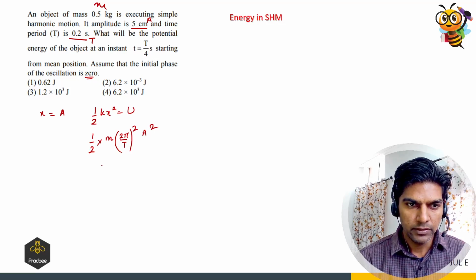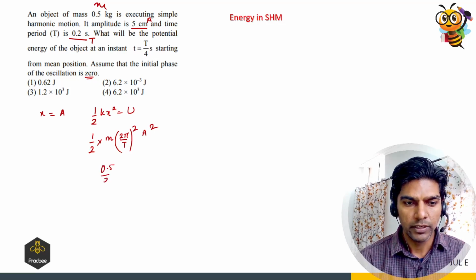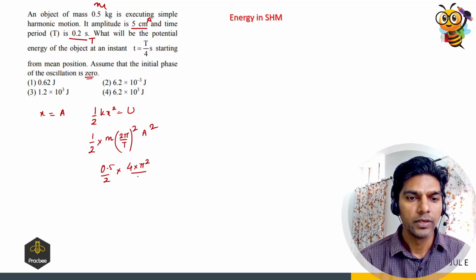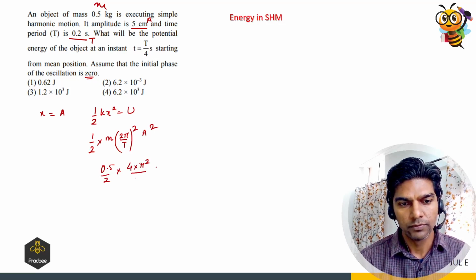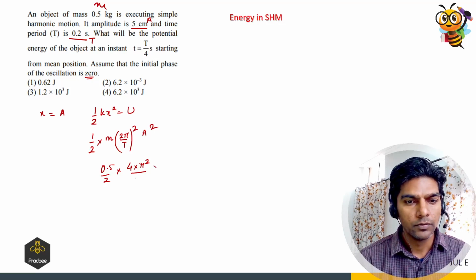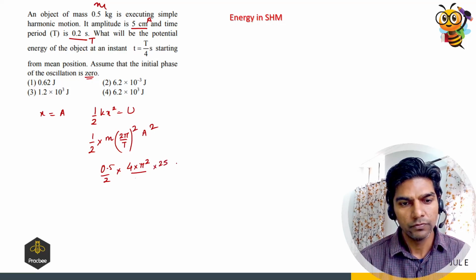So let us simplify this. Mass is 0.5 divided by 2, and this will be 4, and this will be pi square divided by T square, and T is given as 0.25, so T square will be 1 by 25. So this will be 25 here.